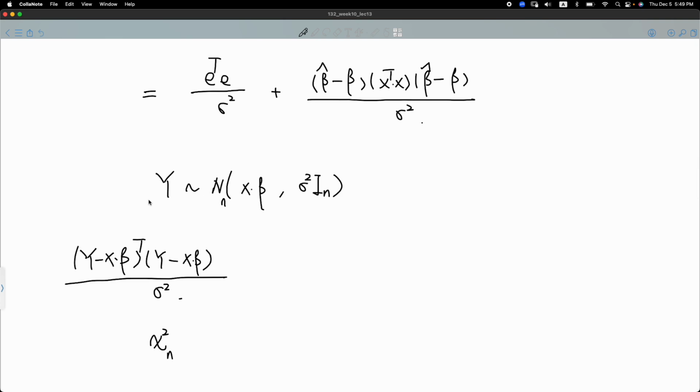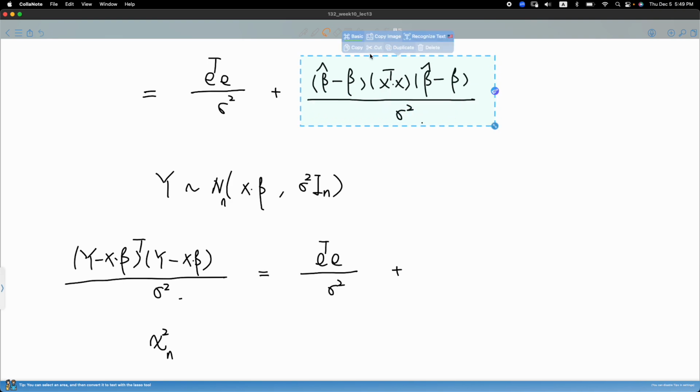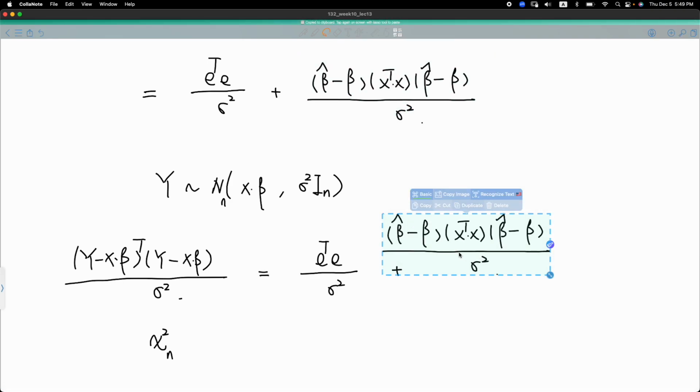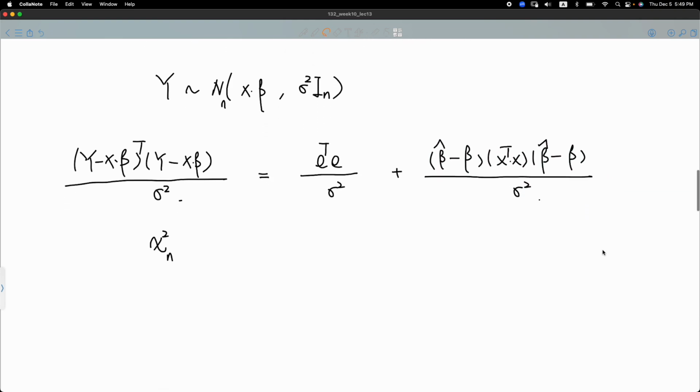And now let's take a look at the 2 terms on the right-hand side. So for this one, we still don't know the distribution for the E transpose E over sigma. But after the expansion, we find out that we actually know the distribution for the second term.